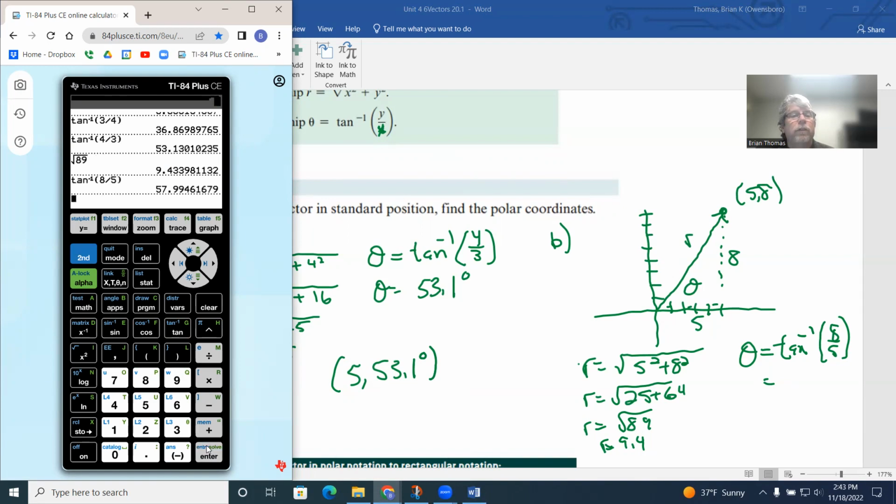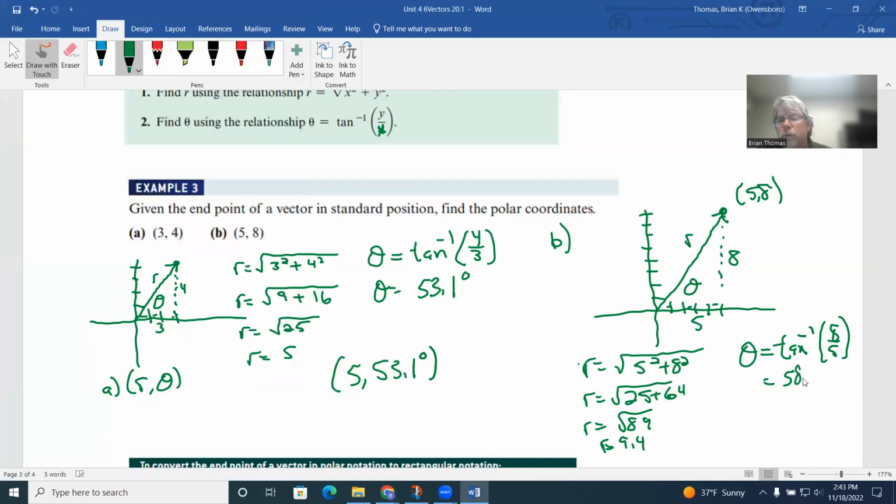That gives us 57.99, which rounds to 58.0 degrees, or just 58 degrees. So your polar coordinates would be: r, the radius or magnitude, is 9.4, and the central angle, or the direction of the vector, is 58 degrees.